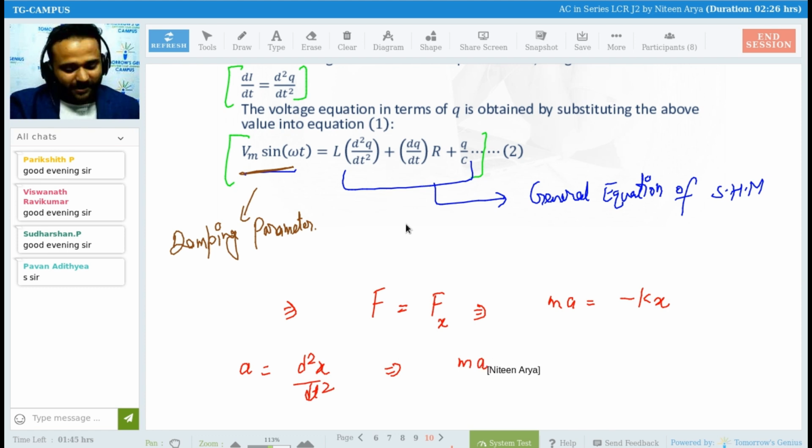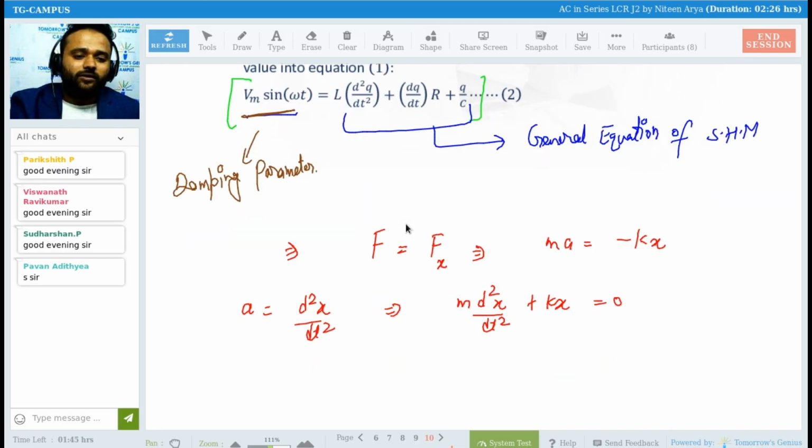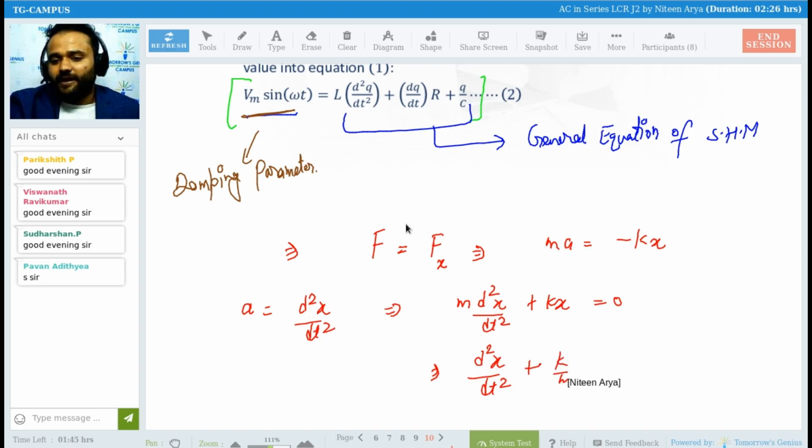So then it is m d2x upon dt square plus kx equals to 0. Okay, beta. And then d2x upon dt square plus k by m times x equals 0. The k by m I can write as omega square.